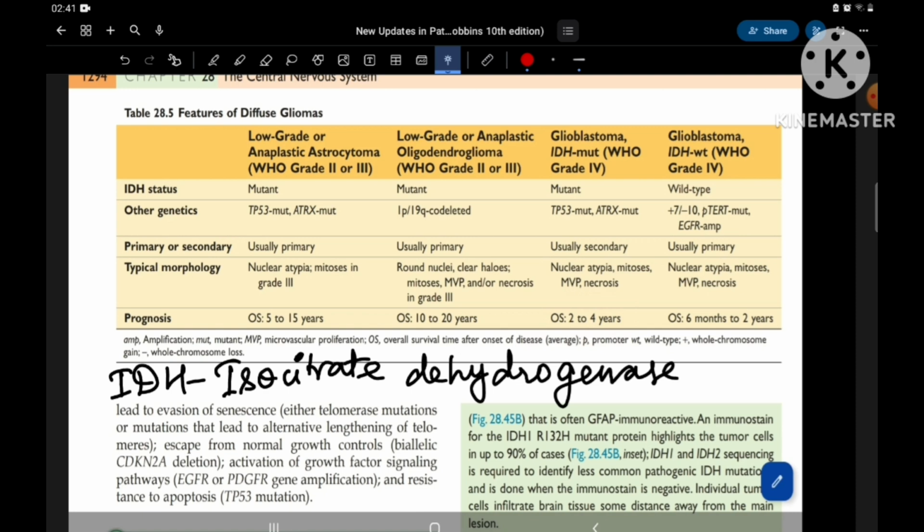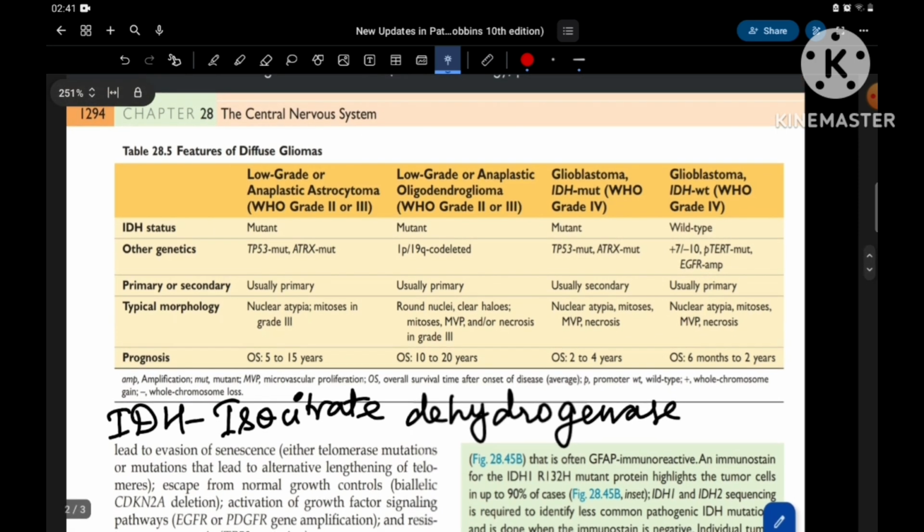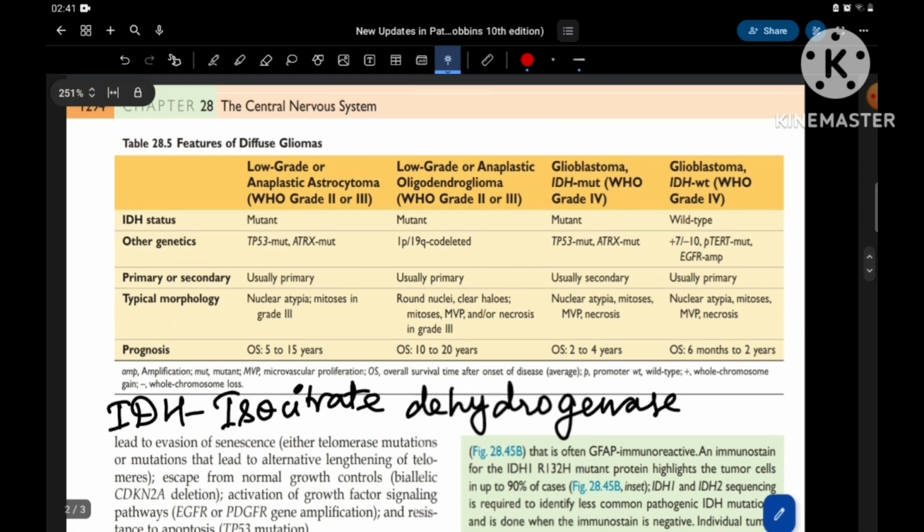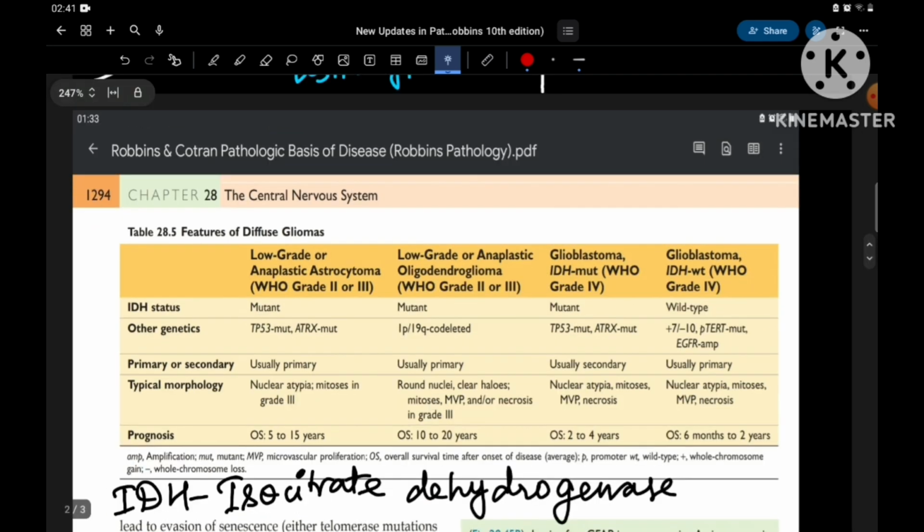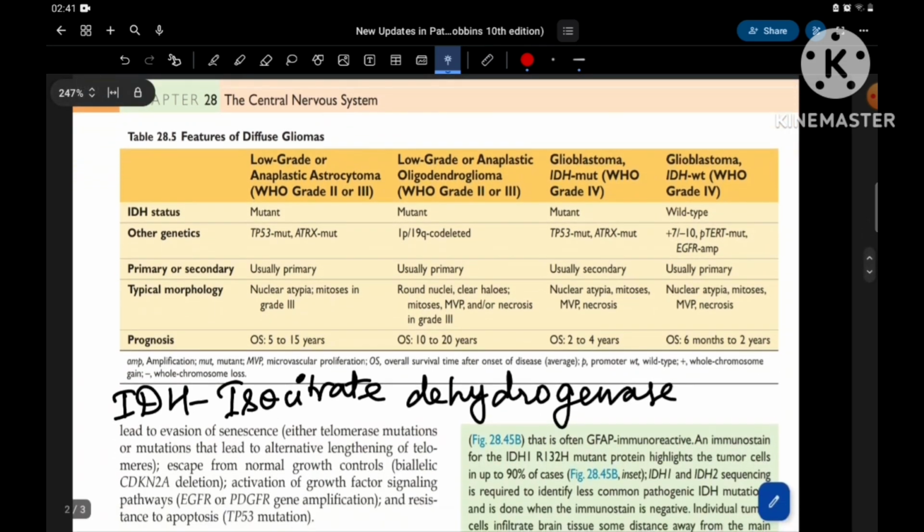Okay, guys, if you have your 9th edition, you can turn to page number 1310. Or I'll just open that PDF and show you. There is one sentence which says a lot of important things, which we can infer from this tabular column also.